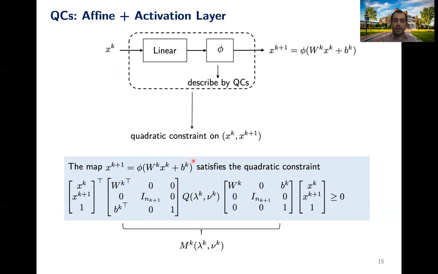For layer K, we denote by lambda K and nu K the vector of multipliers for that layer. So here we are basically finding a parameterized over-approximation of the graph of layer K.